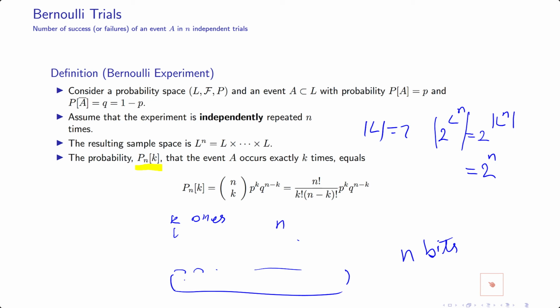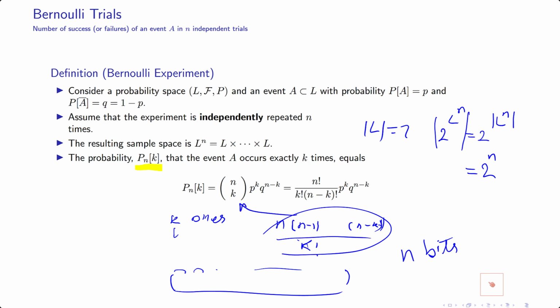Once you remove it, your number of slots will become n minus 1, so you will have n minus 1 options, etc. And the last one will have n minus k plus 1 possibilities. But then all permutations of these ones are calculated multiple times, so you have to divide by k factorial. So this is this number.